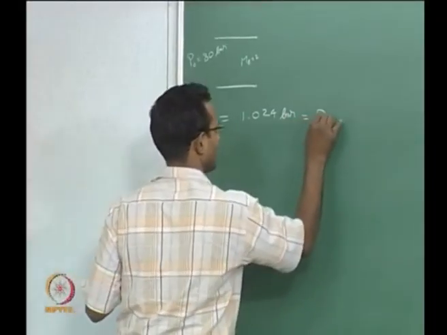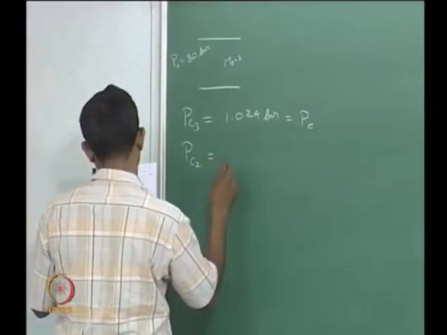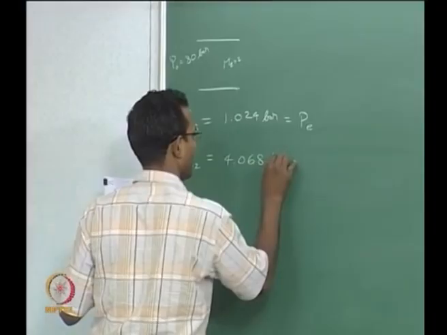So I just said it is equal to P exit. Then we also did P critical 2 and we got a number 4.068 bar.